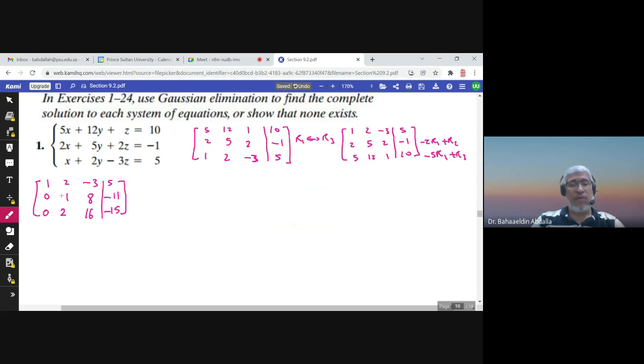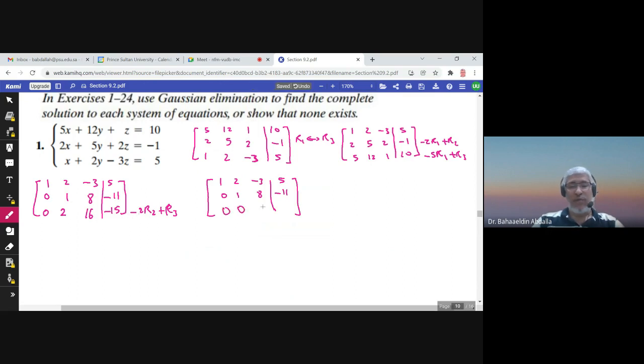I need this number to be 1. It is already 1, so I use it to make the number below 0. Row 1 and row 2 remain unchanged here. And now row 3 would be changed. Negative 2 plus 2, that's 0.